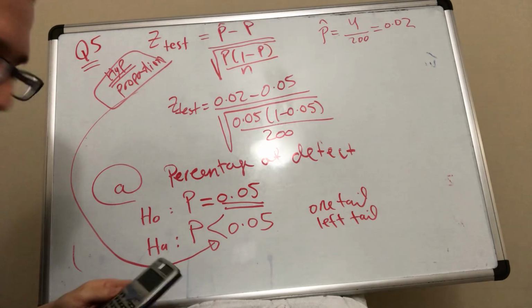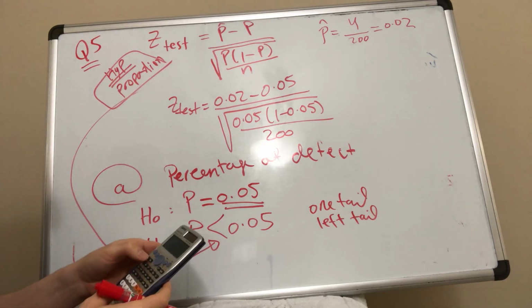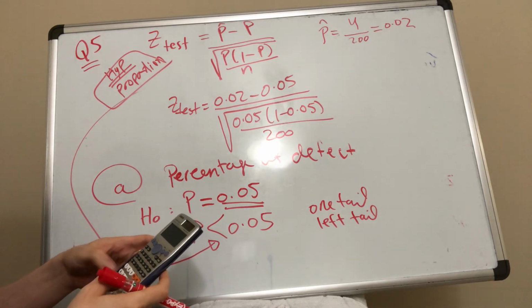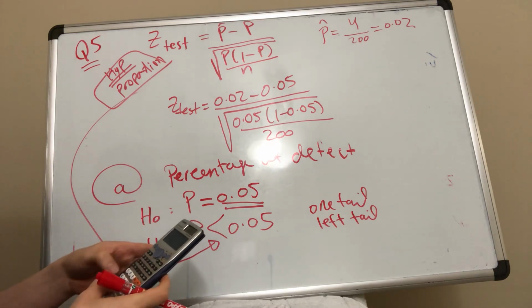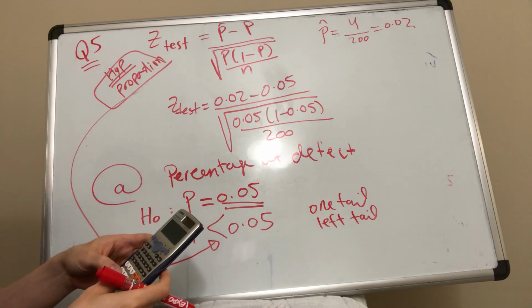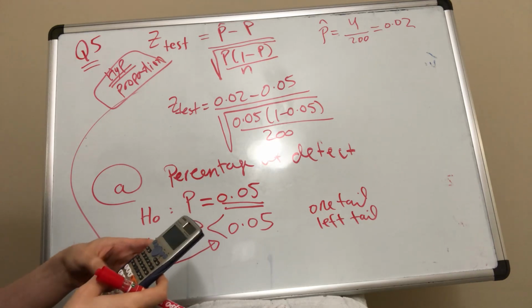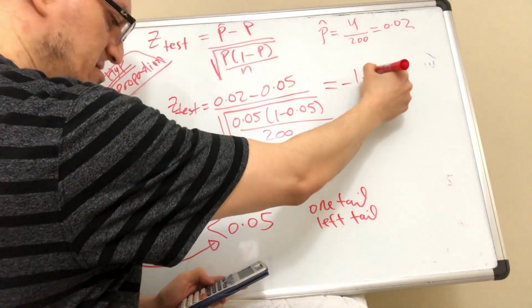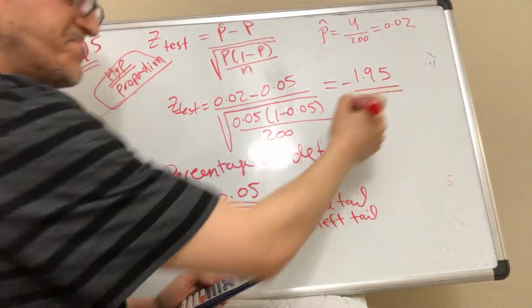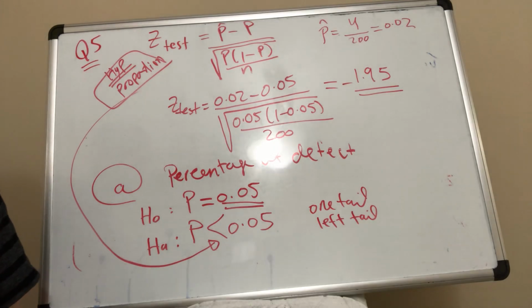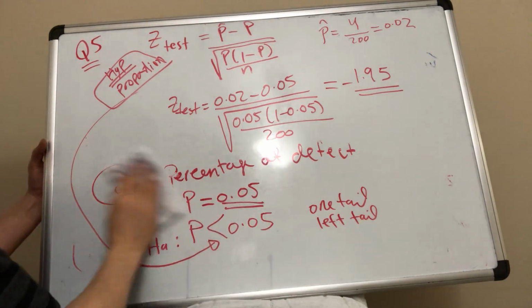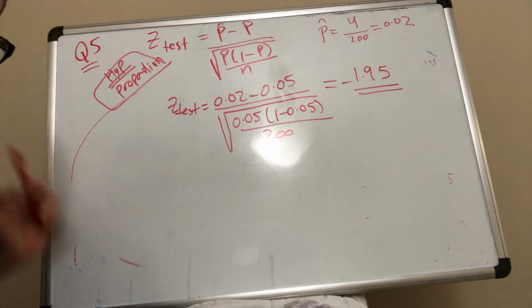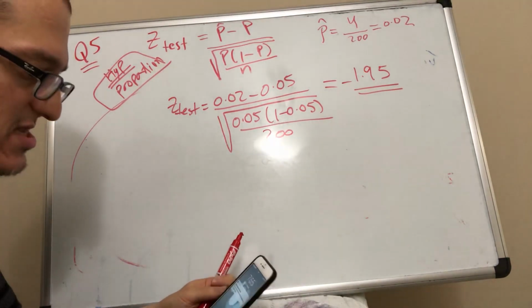So I'm going to do this in the calculator. So you have 0.02 minus 0.05 over the square root of 0.05 times 1 minus 0.05 over 200. The answer is minus 1.95. So your test statistic in this case would be minus 1.95.